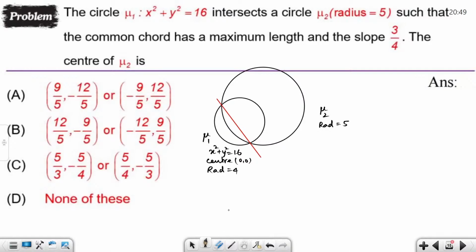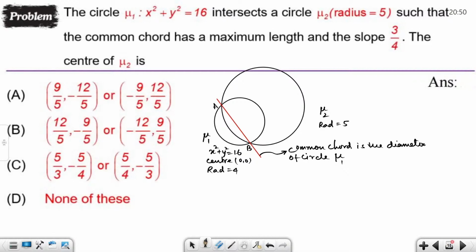So it actually states that the common chord, or you can say the radical axis, whichever, the common chord is basically the diameter of circle mu1. The common chord AB, let us say, is basically the diameter of the circle mu1.